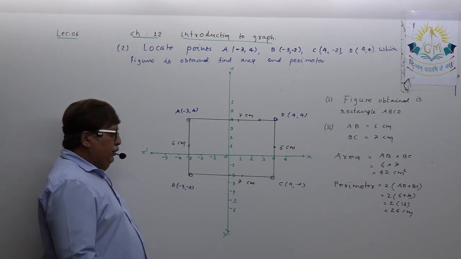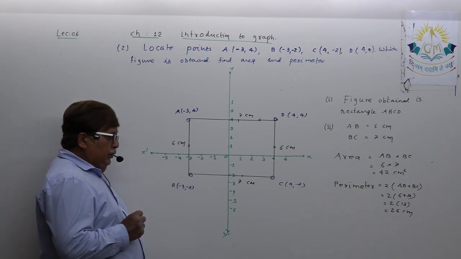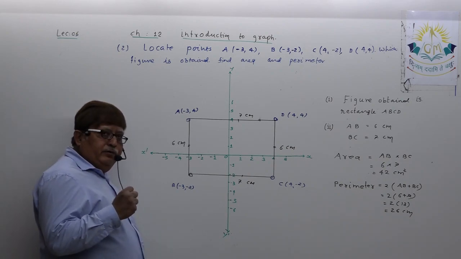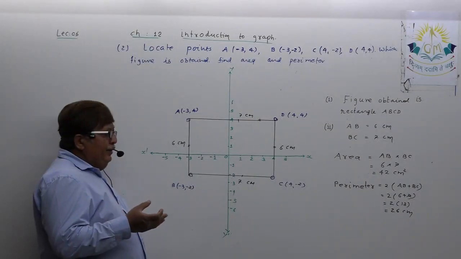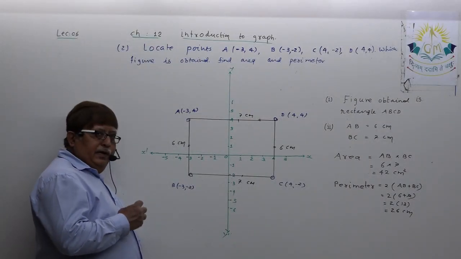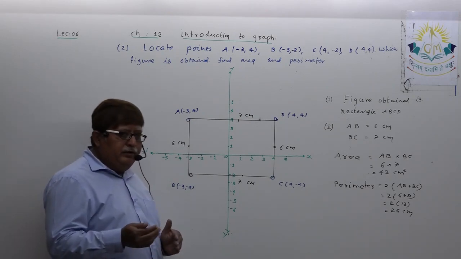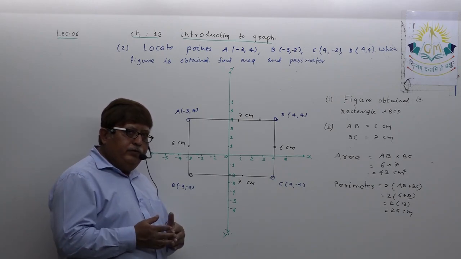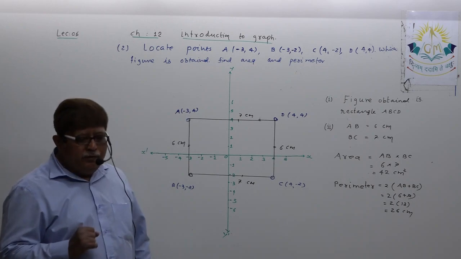Now, dear student, after you understood this, see, first we took a simple graph, then little difficult, then how to form diagram, and now the next question which we are going to discuss is entirely different.